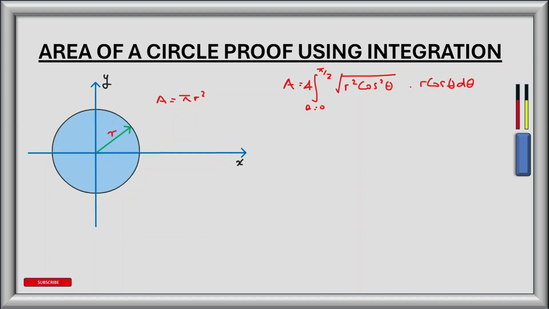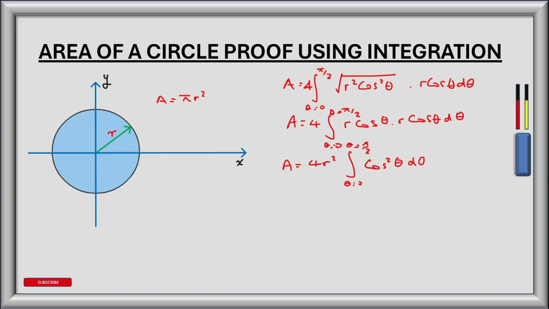So now if we take the square root of this, the area is equal to 4 times the integral from theta equals 0 to pi by 2 of r cos theta multiplied by r cos theta d theta. So we have r squared again, which we can take outside the integral. So we now have 4r squared, and then the integral from theta equals 0 to pi by 2 of cos squared theta d theta.